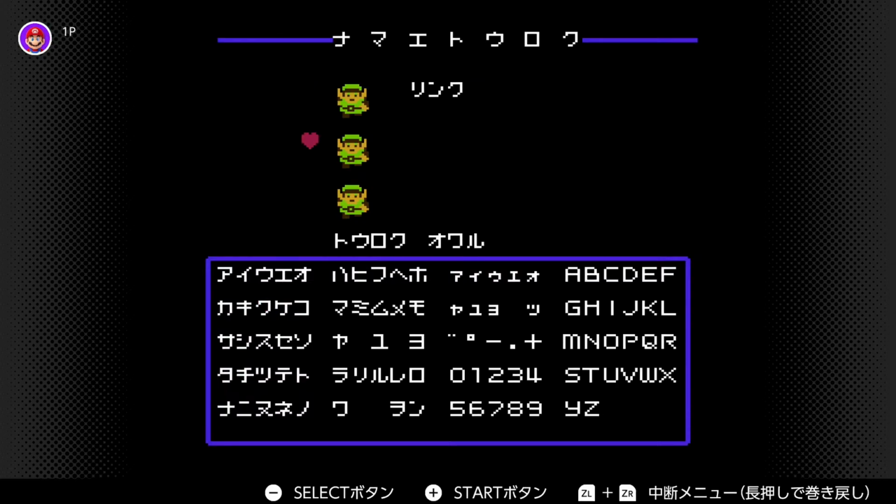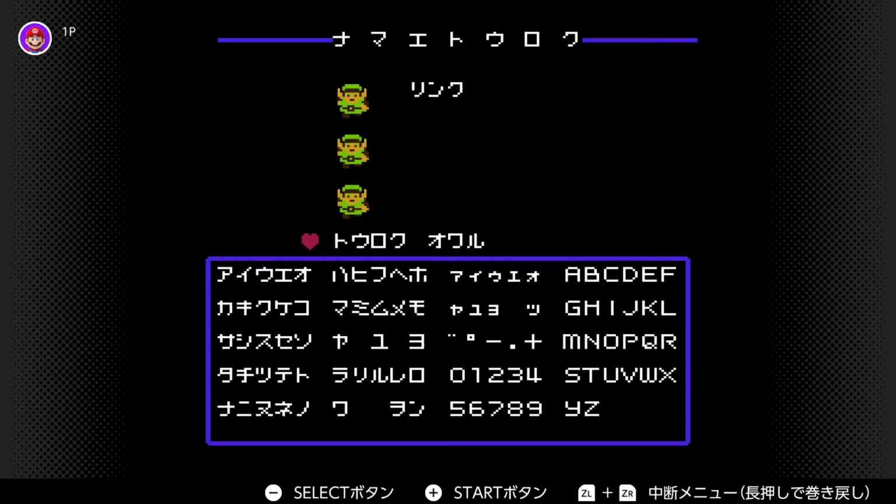Okay, with the select button we go to the bottom. As you can see on top again it says Namae Toroku. And now at the bottom we can choose the option Toroku Owaru. Owaru is a verb that means to finish.